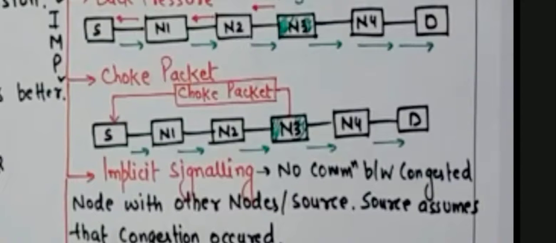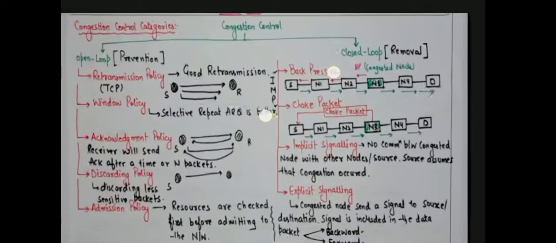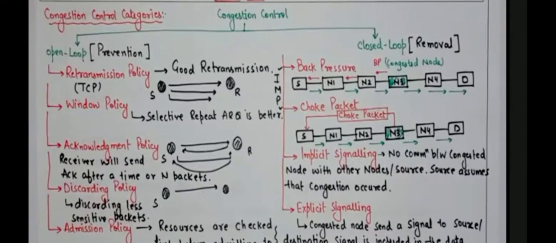This procedure is called explicit signaling. All these closed loop techniques are nothing but the removal of congestion control. So we have now discussed both prevention and removal of congestion control.